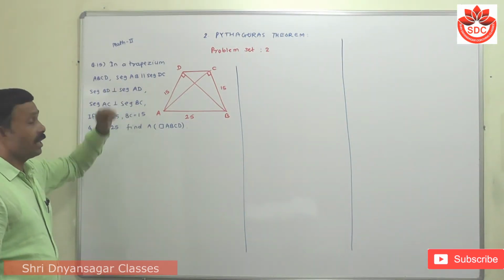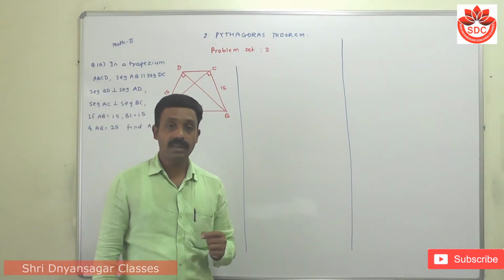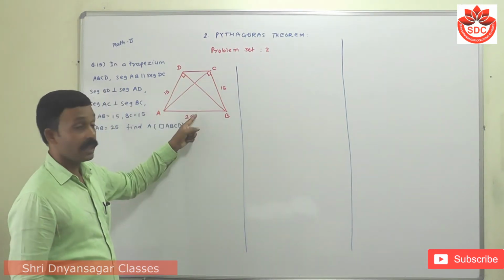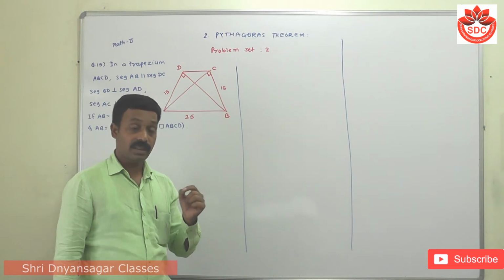This is a trapezium, which means we know the formula for its area. Area of trapezium is equal to half into the sum of the lengths of its parallel sides into height. So we have to draw a construction, drawing the perpendicular, that is, taking its height.